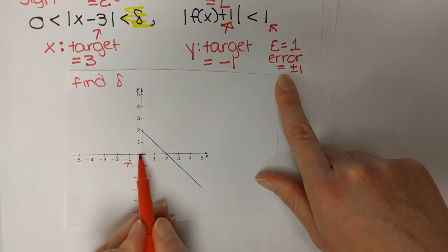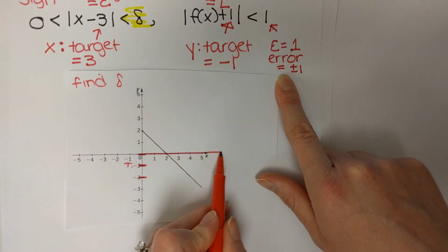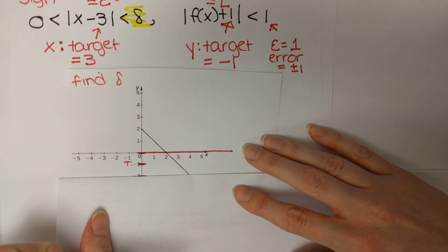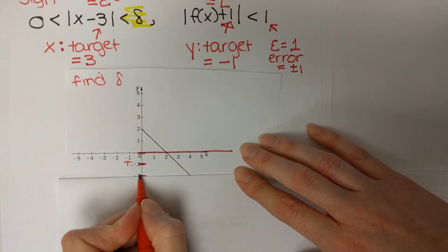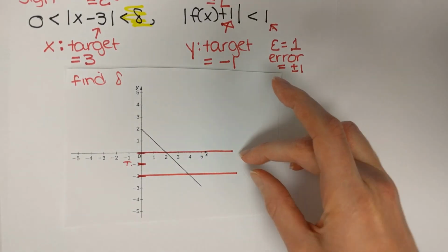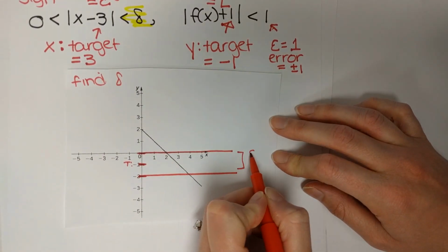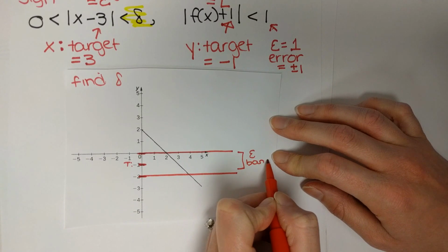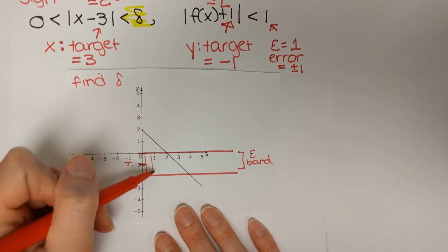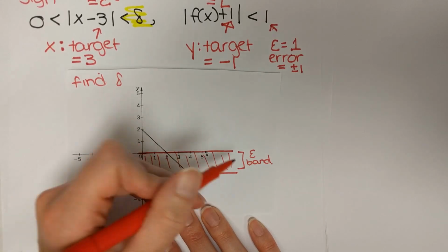Now, if we continue this line vertically and then continue this line vertically, okay, all of those values will be within what we call our epsilon band or interval. So anything in this area here is going to be within that epsilon band.